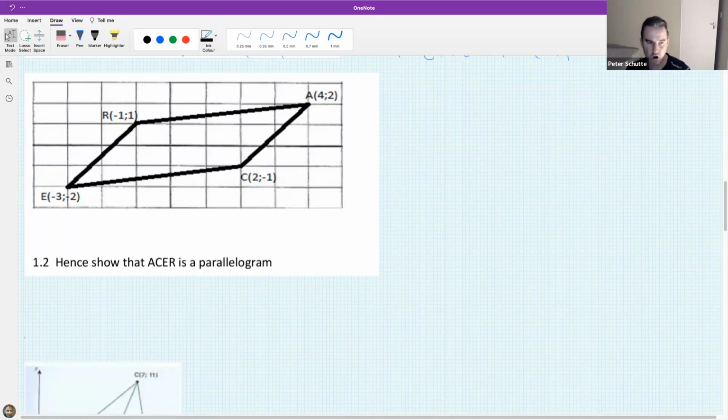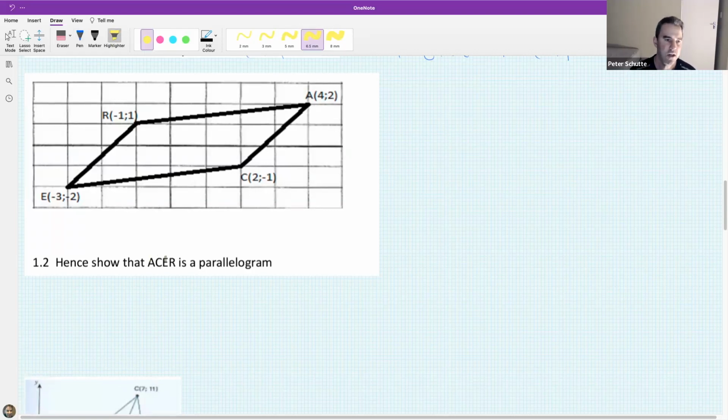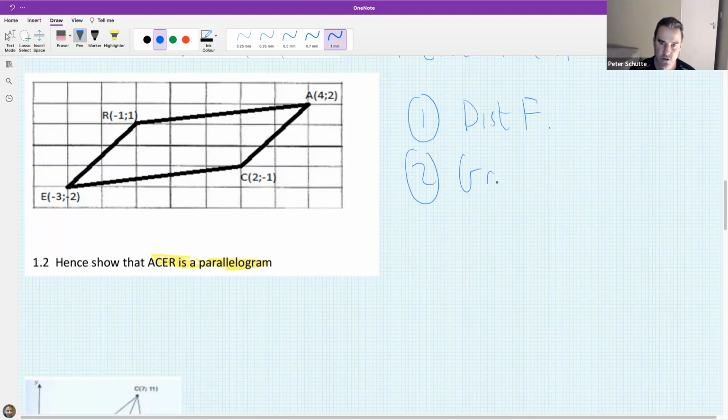Okay, so let's look at this question. This is different to the last one because they give us 4 points and they say, show this is a parallelogram. And there's 3 ways you can do it. The one way of doing it is to use the distance formula. The other way is to use the gradient formula. And the third way is to use the midpoint formula.